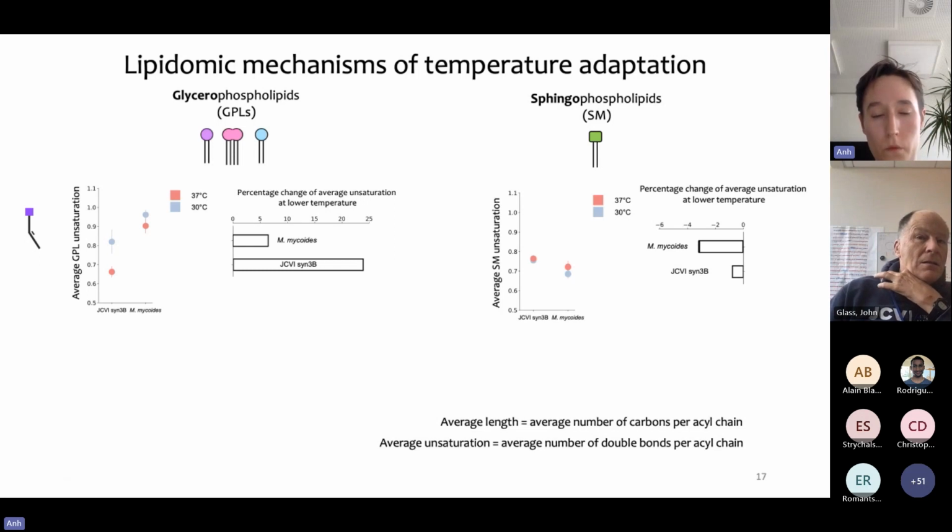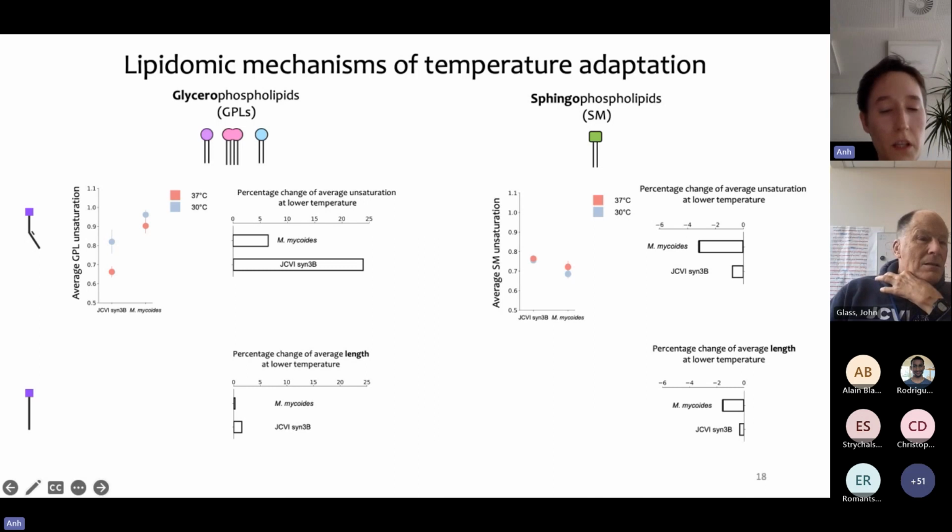Is it the same for the acyl chain length? To show just the percentage comparison of how length changes at lower temperature for both Mycoides and Syn3B, we can say that there is the same trend.